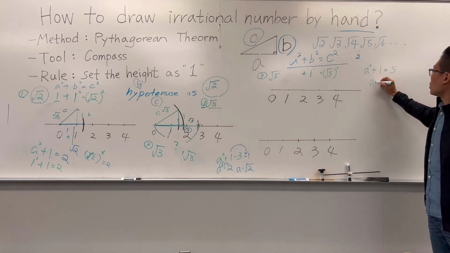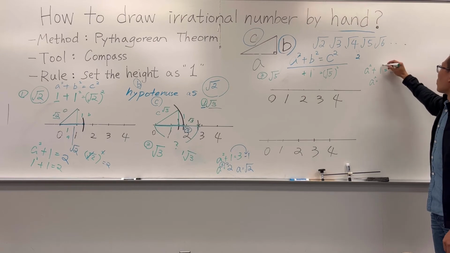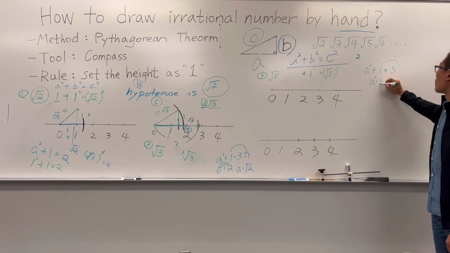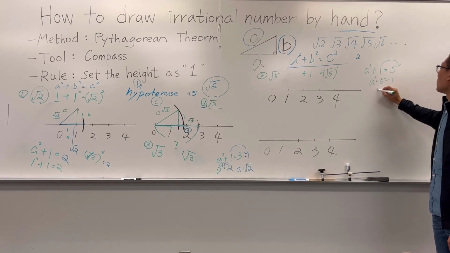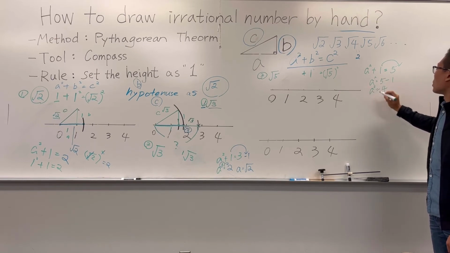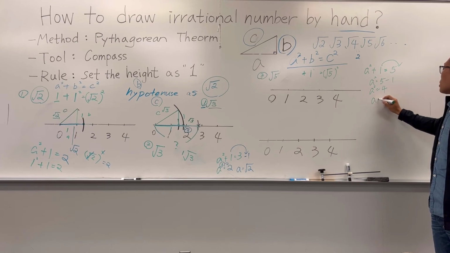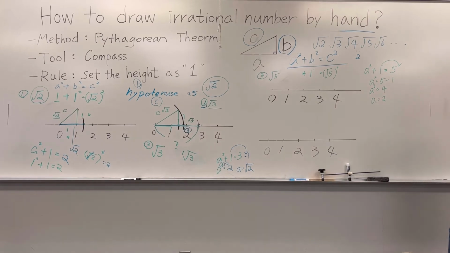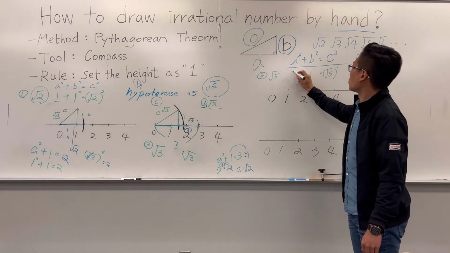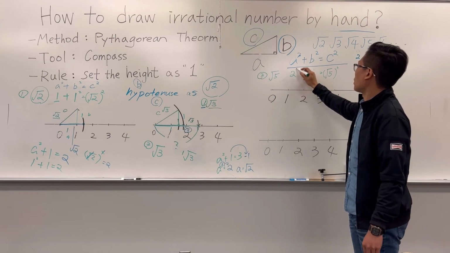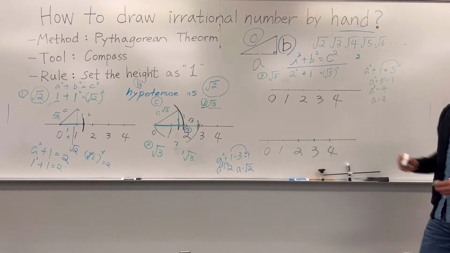Quick calculation: I move 1 over, so 5 minus 1 is 4, and a squared equals 4. That means a is 2. So I put a 2 here. That is a, right?